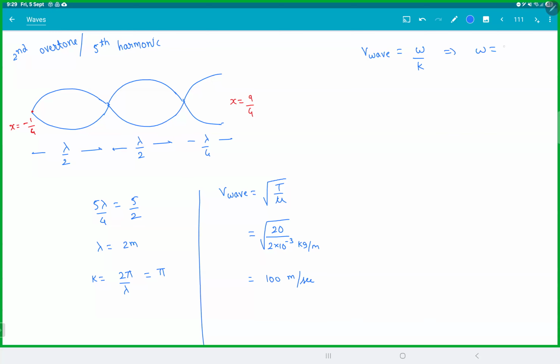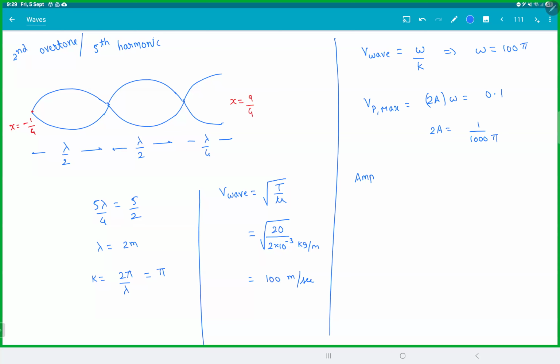Omega will be 100 pi. And we know Vp max will be amplitude of the particle velocity. In this case, antinodic amplitude is 2a into omega is 0.1 meter per second. So 2a will be 1 by 1000 pi. Small amplitude makes sense.